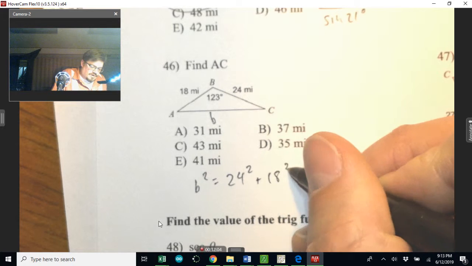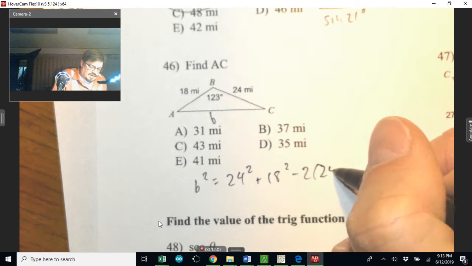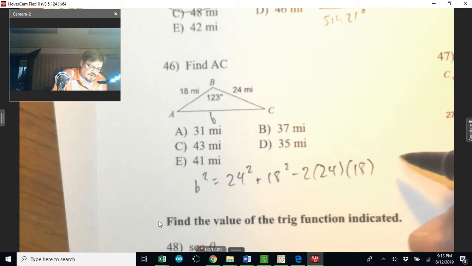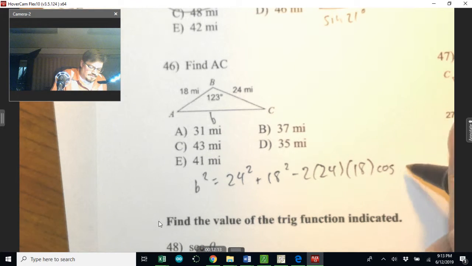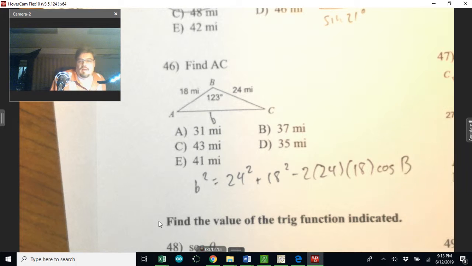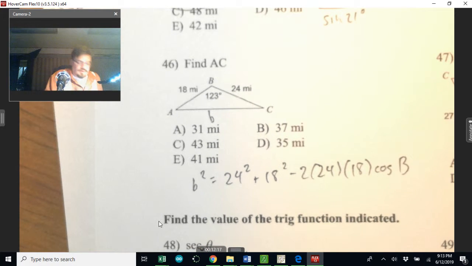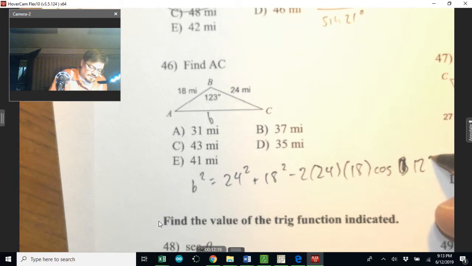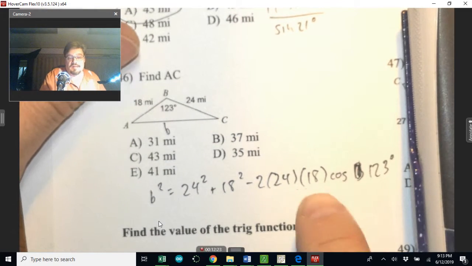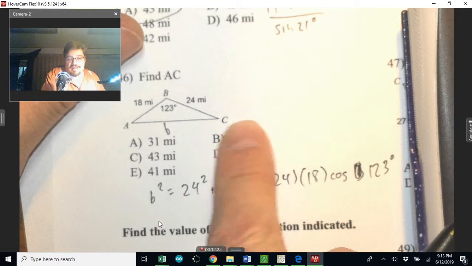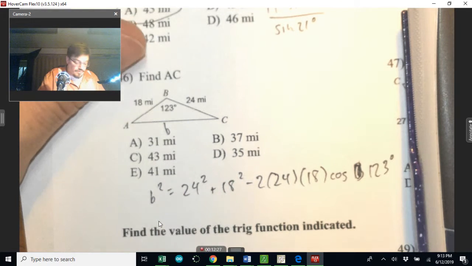Plus 18 squared minus 2 times A times B times the cosine of B, which is 123. So let's go do that. Now I'm just going to type that all in because I'm going to get a big number. You're not going to see it, but just remember you have to take the square root.